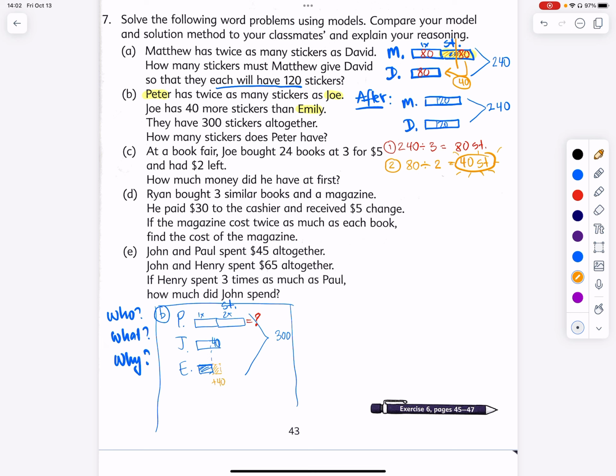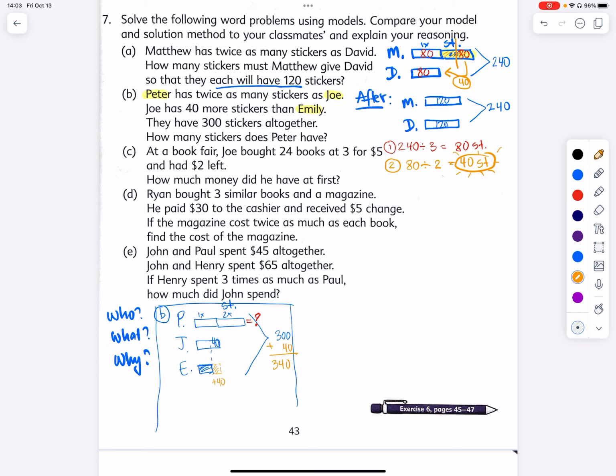My friends, important logical leap. What you do to the left, you must do to the right. If we gave Emily 40 stickers, that means the total amount of stickers is now 340. Okay? Now, let's look at our model.